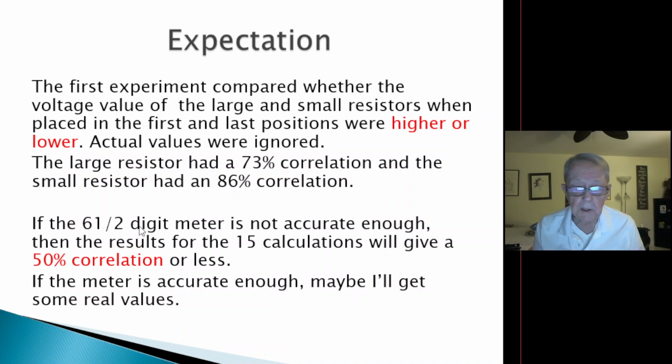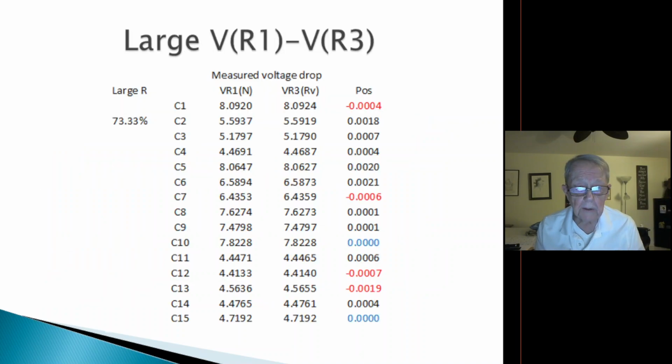I used a 6.5 digit meter. It was accurate enough for this experiment. Then the results of the 15 calculations: I had 15 different circuits of different values. I was hoping for a correlation of 50% and actually got 73 and 86. If the meter was accurate enough, maybe I'll get some good values.